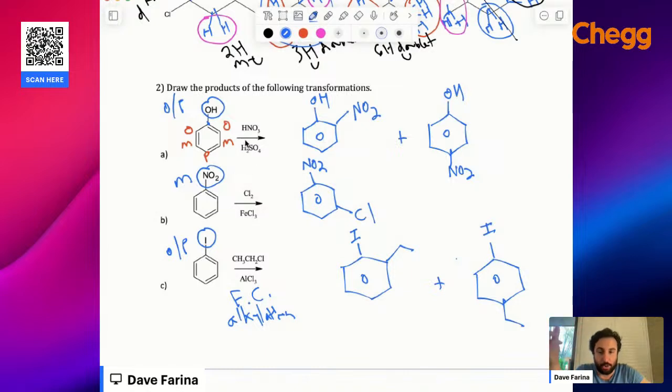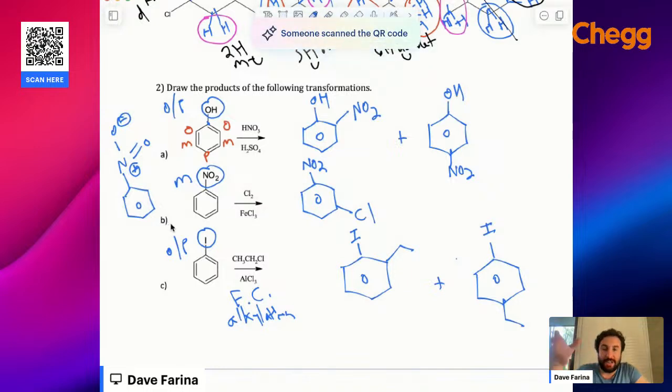Electron withdrawing groups like NO2. So the reason that NO2 is withdrawing is because it looks like this. It's got a plus charge there and a minus charge there. So it's withdrawing because the nitrogen has a formal positive charge. So with the arenium ion intermediate, there's a resonance structure where one of the pi bonds gets pulled out of the ring onto the nitrogen and kicks the pi bond up to get a second oxy anion.